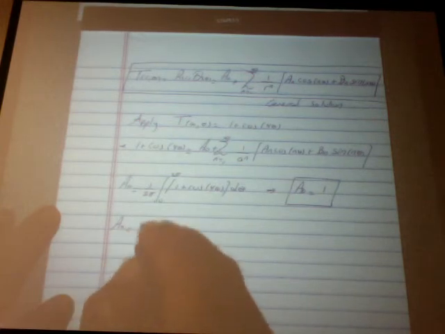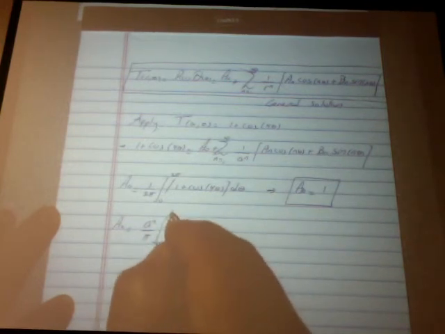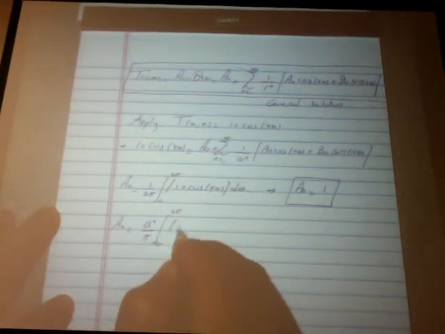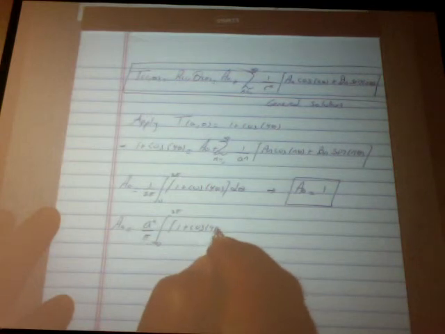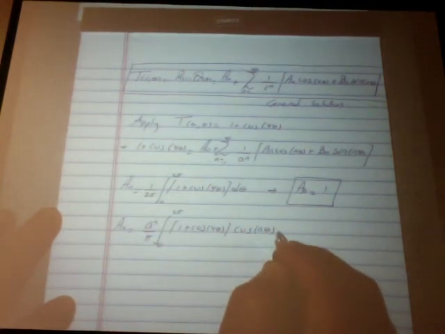An works out to be a to the n divided by pi times the integral from 0 to 2 pi of 1 plus the cosine of 4 theta times the cosine of n theta d theta.